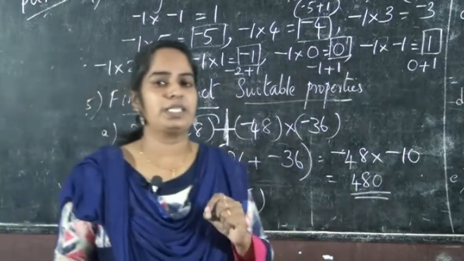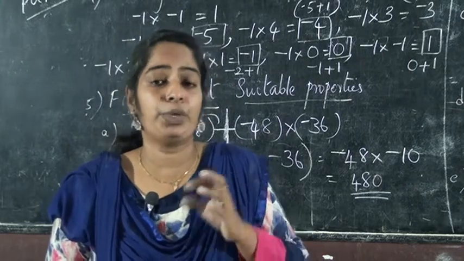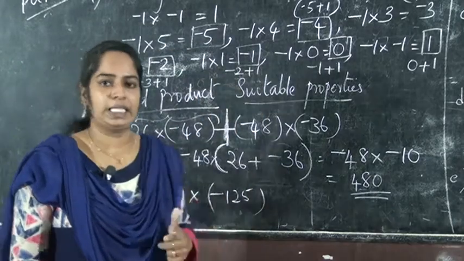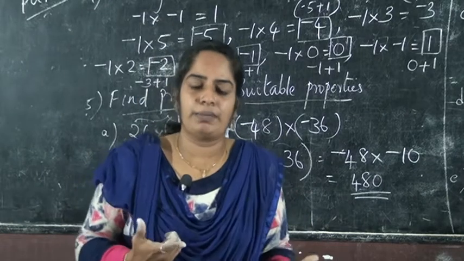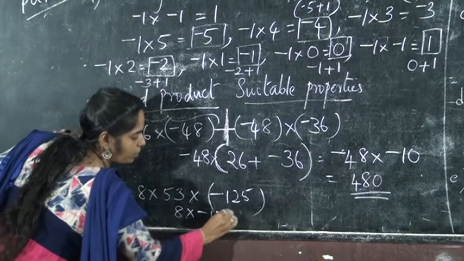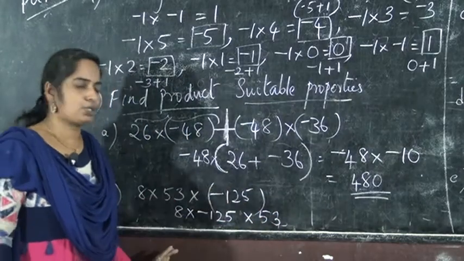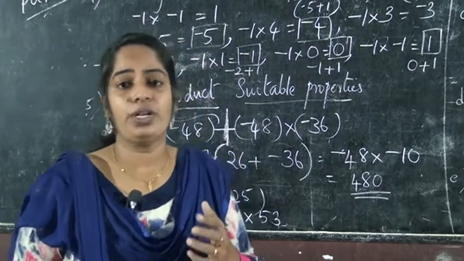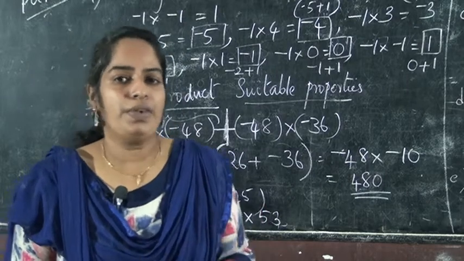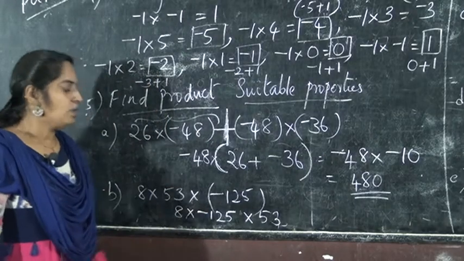In multiplication we have learned that a times b is equal to b times a. It does not matter if we move it back and forth; we learn this in the commutative property. So 8 into 53 into minus 125, we can rearrange the order, as the order does not matter in multiplication. So I write 8 into minus 125 into 53. Can this make a mistake? No, never, isn't it? For subtraction and all it will be wrong. For multiplication and addition, if we change the order also, we will get the same answer. So instead of 8 into 53, we can do 8 into minus 125.